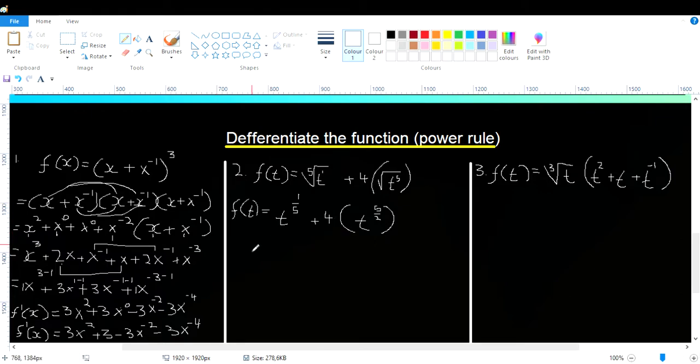Then we can differentiate now. F of x, we're going to use this symbol for a derivative. Here we have coefficient 1, we're going to multiply. So it's 1 times 1 over 5, which is equal to 1 over 5. 1 over 5 t, then here minus by minus 1.